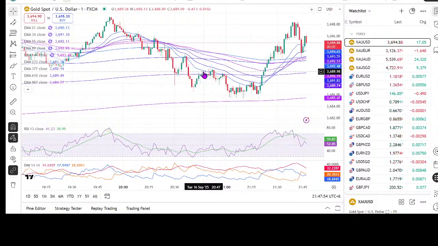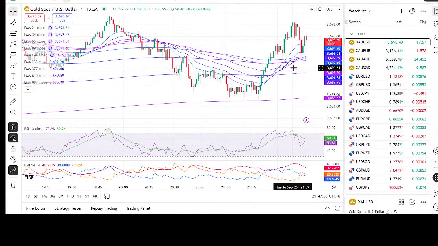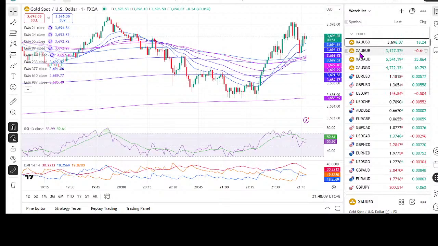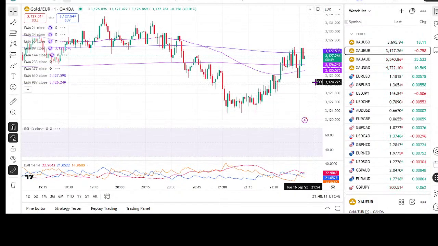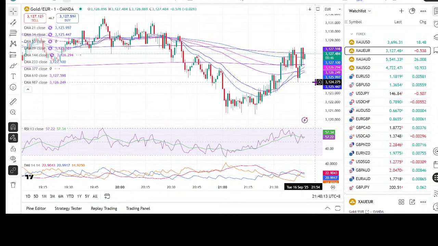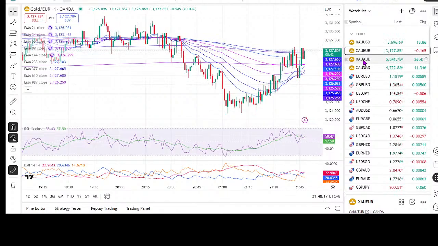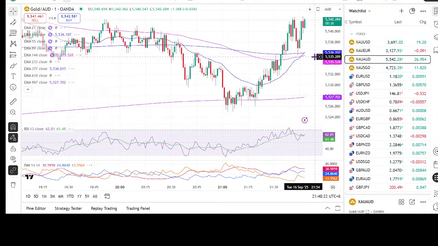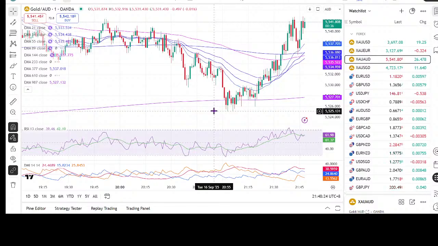Okay, the market is showing some weakness. What I'm going to do now is raise the stop to 91.5. Just tighten the stop to 91.5. Then the gold euro at 24, then gold Aussie at 35.